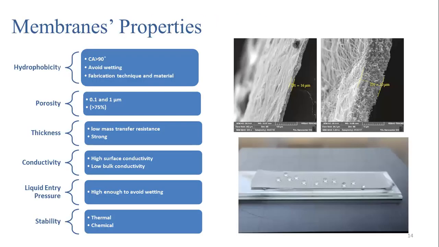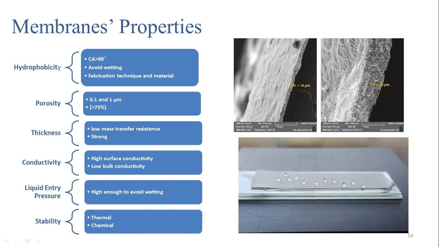The membrane properties required in this technique are, first of all, hydrophobicity. What is hydrophobicity? If you look at the image down to your right, you can see a membrane that has water droplets on it. This water droplet shows that the membrane is not allowing water to enter, or the membrane is not sucking the water in.